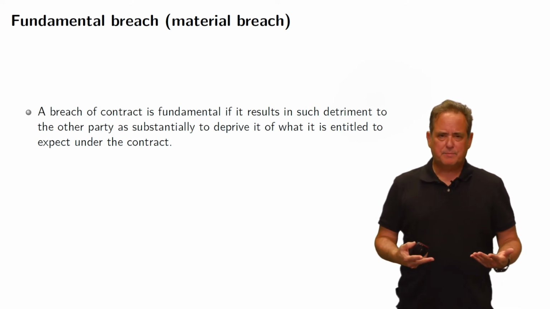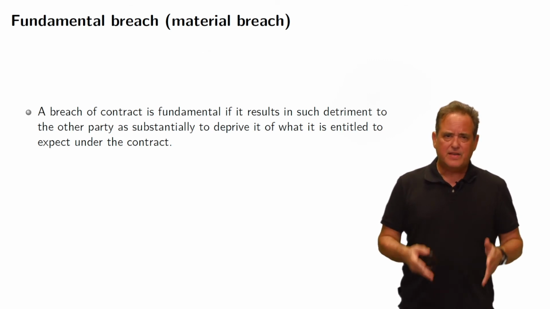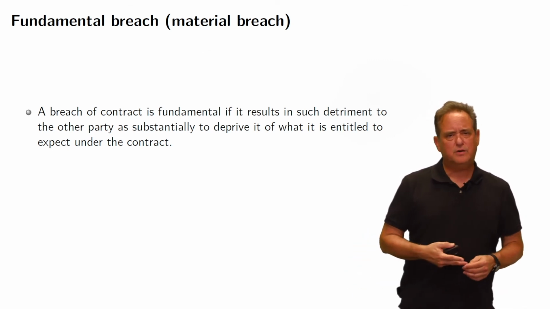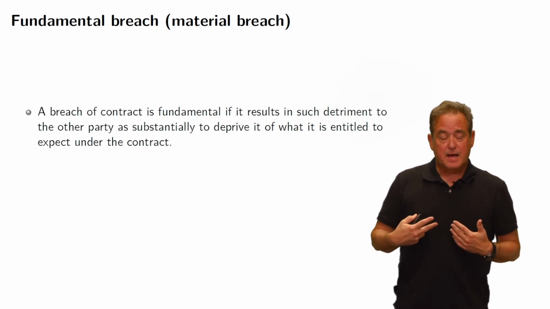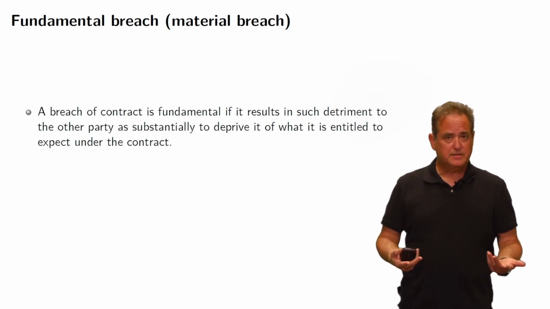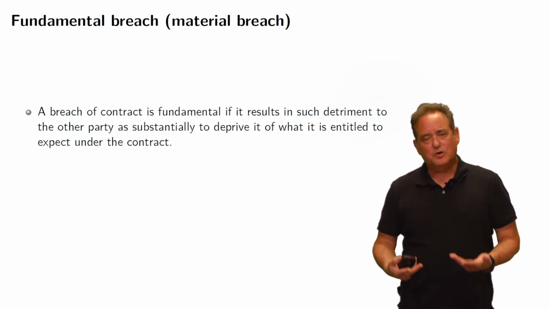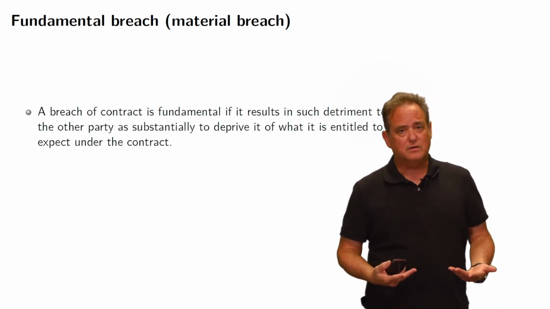It's not fair to say that I breached the contract, although I did. I failed to do what I was obligated to do under the contract. But should I not be entitled to recover the purchase price of the building? No. Why? Because I mostly did what the contract called for.